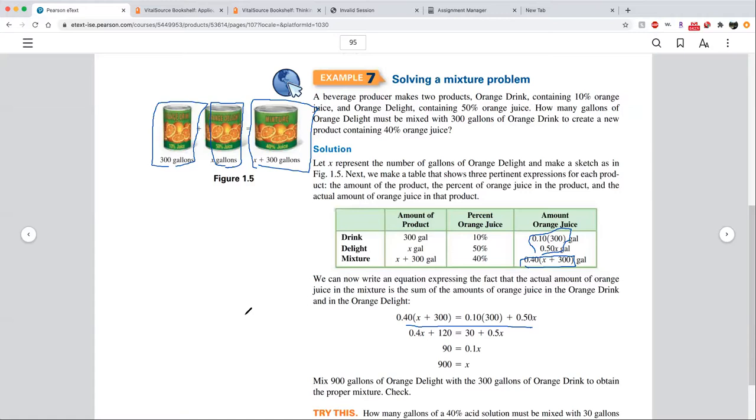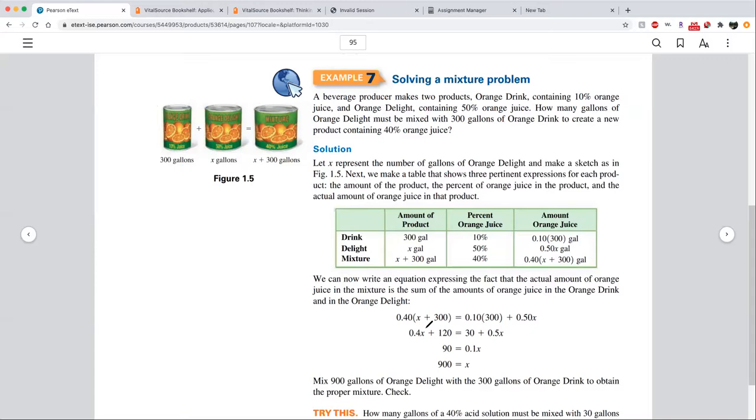Okay. So for mixture problems or speed, distance, time problems, the table is really helpful to understand the problem and construct the equations. Keep that in mind. For the speed, distance, time problems, just make a table.